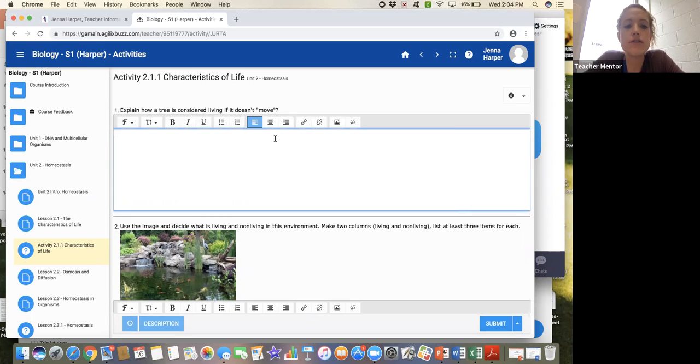Okay, so the first question is, explain how a tree is considered living if it doesn't move. So does anybody have any insight on that? You can also put it in the chat message.